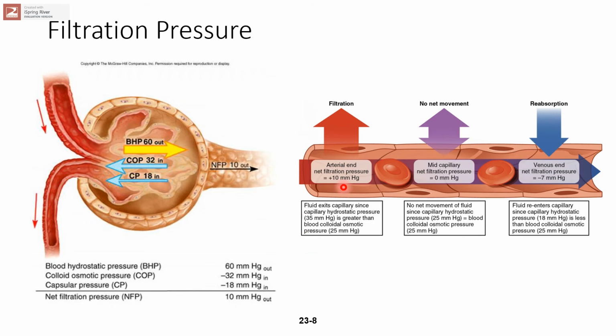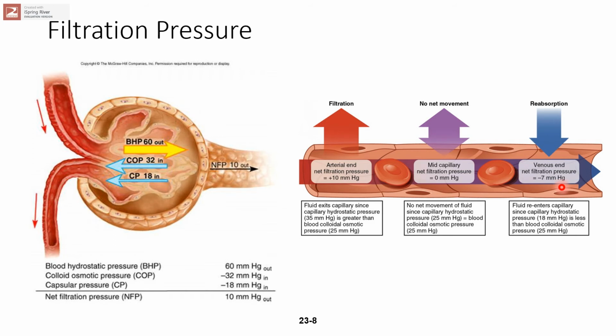So in the arterial end, the net filtration pressure is about 10 mm of mercury, and in the mid capillary region, basically the area where there's no net movement of fluid, since the capillary hydrostatic pressure is equal to the colloid osmotic pressure right over here, the net filtration pressure in the mid capillary region is zero, so there's no net movement of fluid.